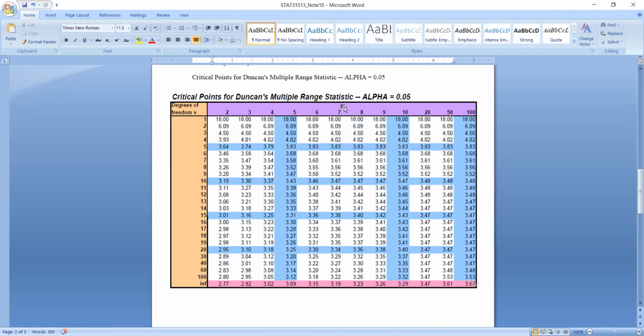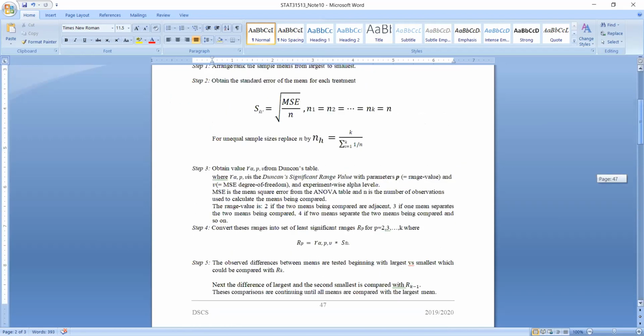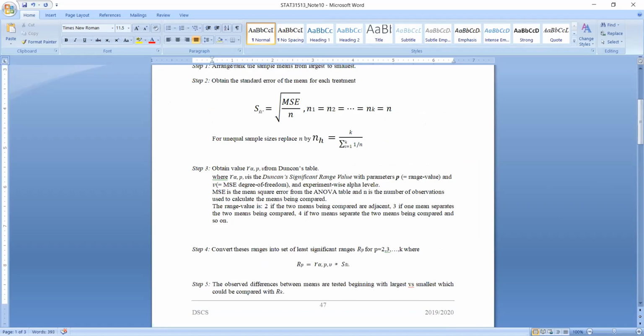Then you check the rank values of the two means that you are comparing, and the largest rank value is equal to this P. For an example, let's say when you compare these means, the mean values are 12.5, let's say 11.8, 10.6, and let's say 10.4.